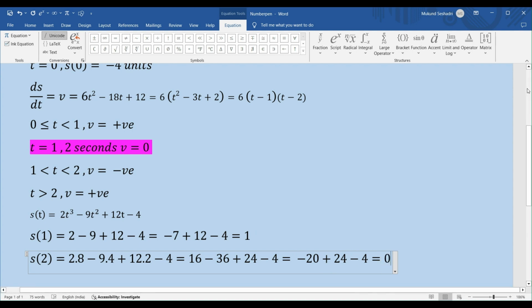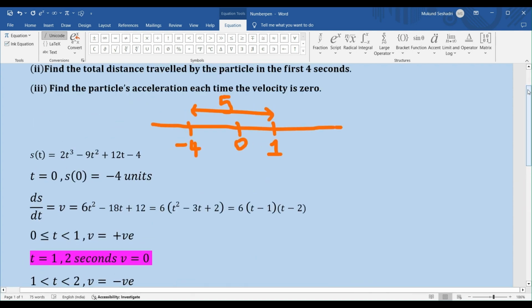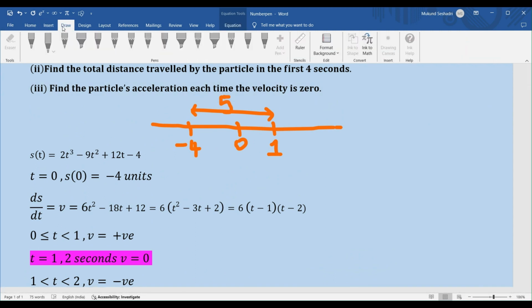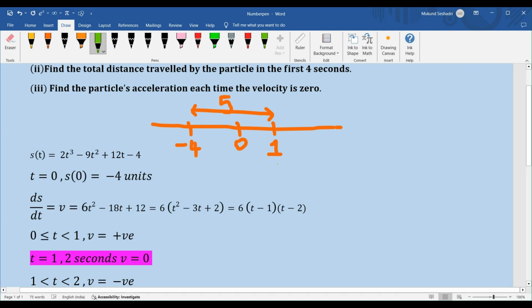So I know that the particle changed direction at t equals 1, and let me use a different color now. Say, a green color, right? Now at t equals 1 I see that my particle reverses direction, and at t equals 2 it comes to the point 0, which is nothing but the origin, right?